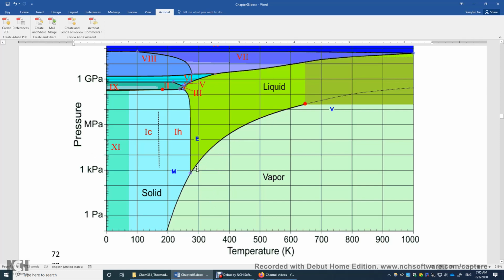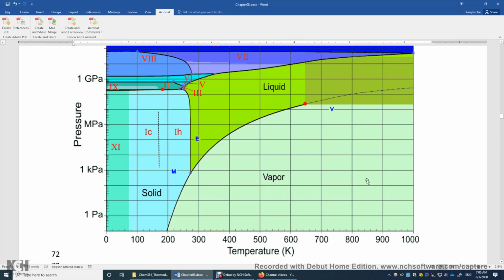So you can say, I can change temperature freely, right? If you change temperature freely, you cannot change pressure freely along this line. Or you can say you can change pressure freely from lower pressure to higher pressure. But then you can't change the temperature freely because this is a coexistence line between liquid and vapor.